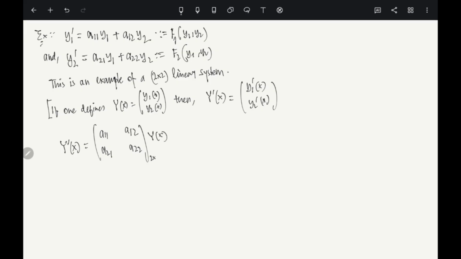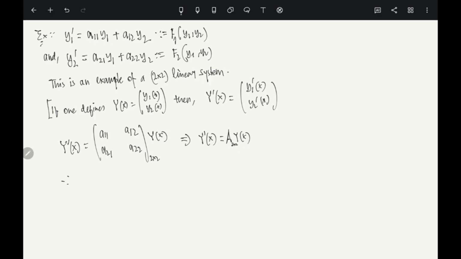So it is a 2 cross 2 matrix, and hence we call it a 2 cross 2 system. This can be written as Y prime of x equals A Y of x, where A is a 2 cross 2 matrix. That is why it is called a 2 cross 2 linear system.